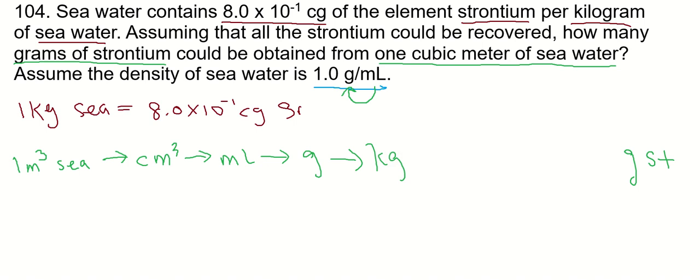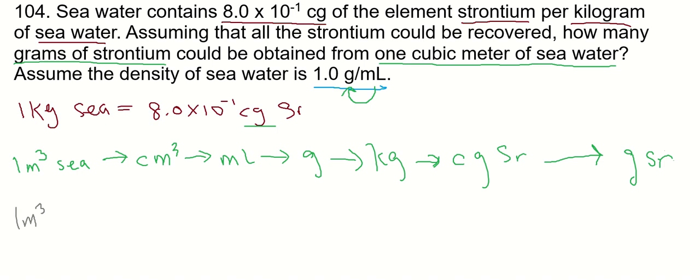And then we turn kilograms of seawater into, oh yikes, centigrams of strontium. And then we can take centigrams of strontium to grams. Sr, sorry. All right, here we go. Let's do it. I'm going to have to write really small. I'm still going to run out of space.